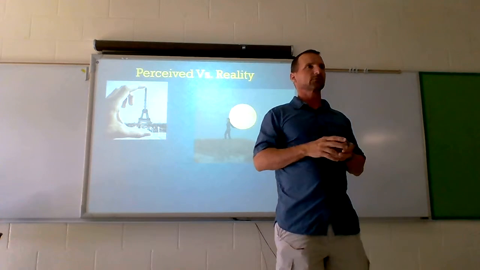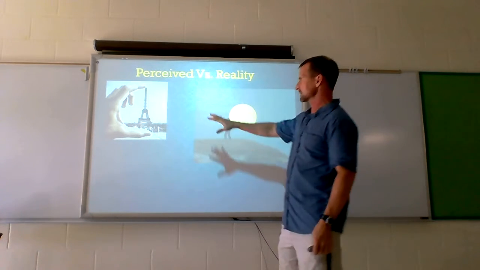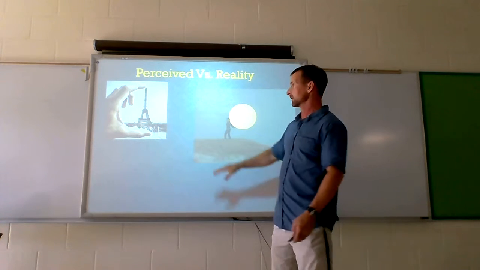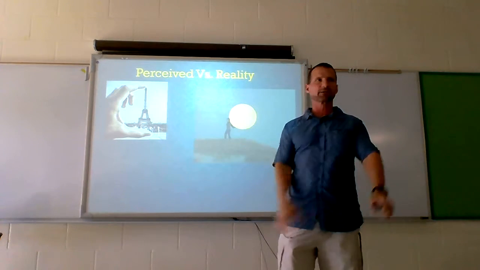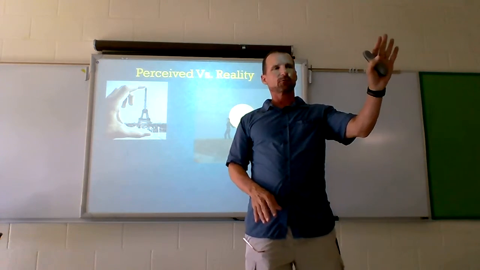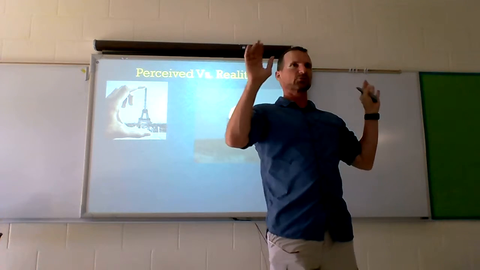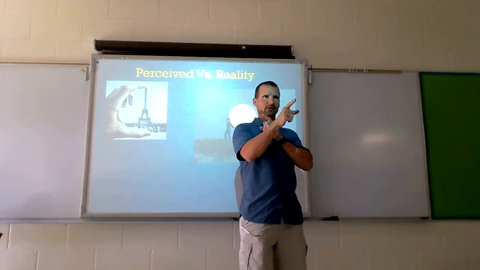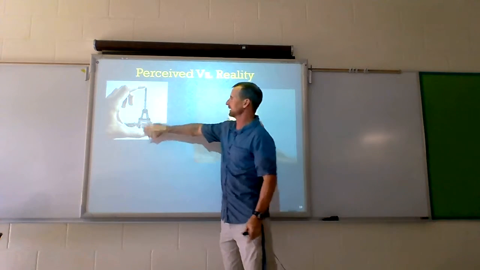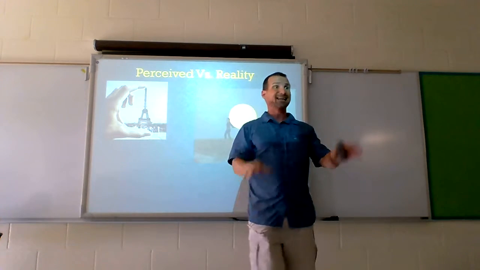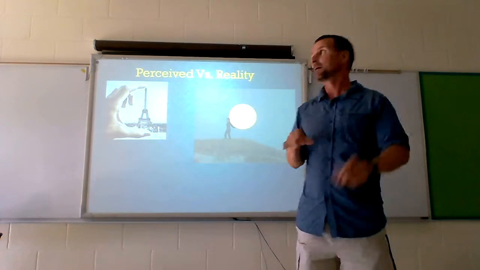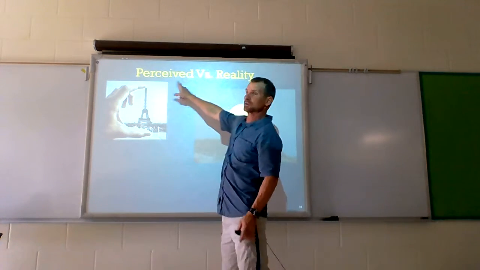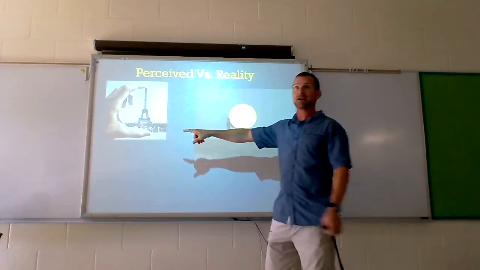Our eyeballs, and as a matter of fact, this is an assignment I give my students in my photography class, is I have them put a subject in the foreground, a subject in the background, and try to back up enough where they can get both in focus at a focal length where both this and this object is in focus, and you can really get some perception issues that are not accurate.